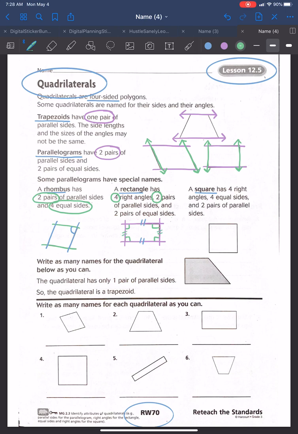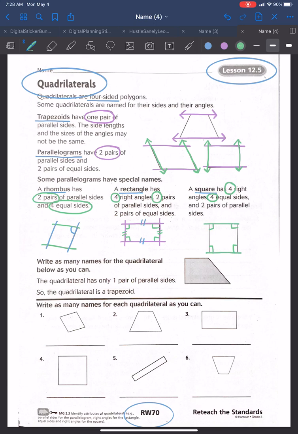Okay? And then my square, probably the most familiar shape to you, has four right angles. 1, 2, 3, 4. Four equal sides. All four sides are equal.